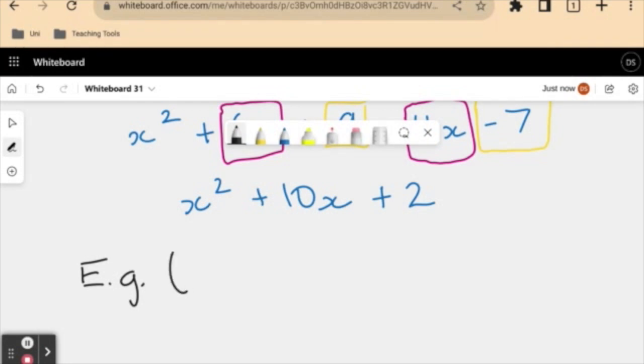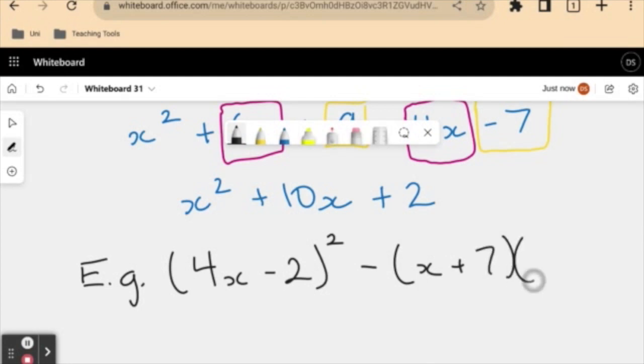Here, I'll give you this example: (4x minus 2) squared. And then from that, we're going to minus (x plus 7) and (x minus 7). Okay.